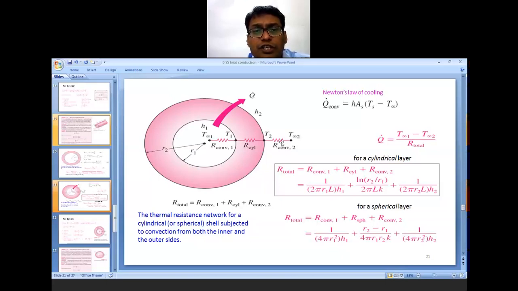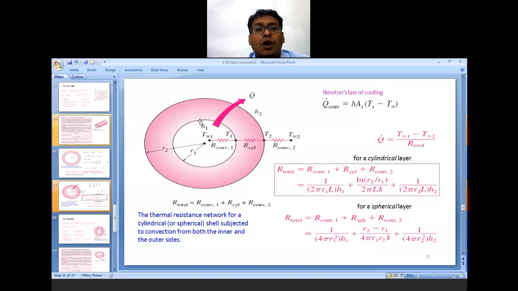When we consider the convection resistances, then we have to consider Newton's law of cooling, that is the heat transfer because of convection. This heat transfer because of convection is calculated as h A_s into bracket Ts minus T infinity, where A_s is the surface area of the cylinder, which is 2 pi r into L. R1 or R2 depends on which surface area is to be considered.